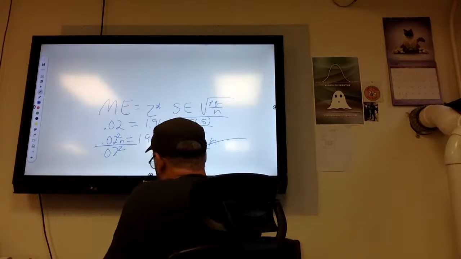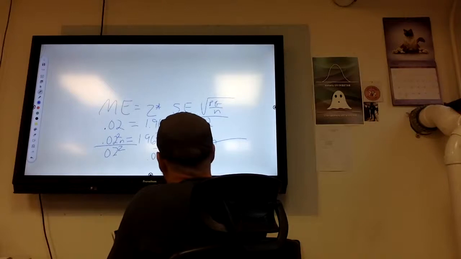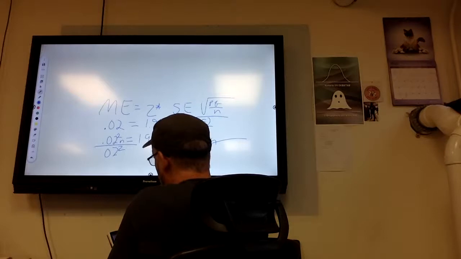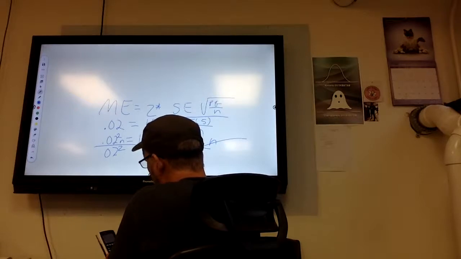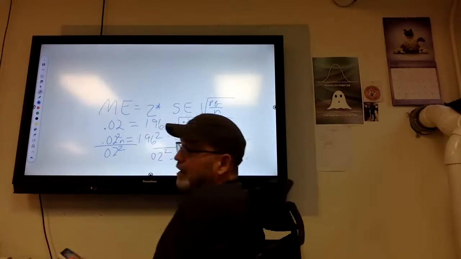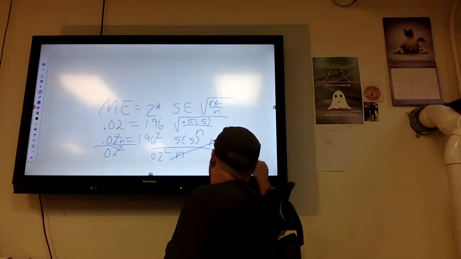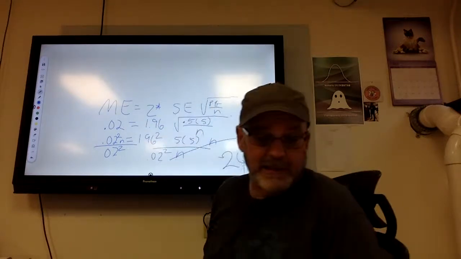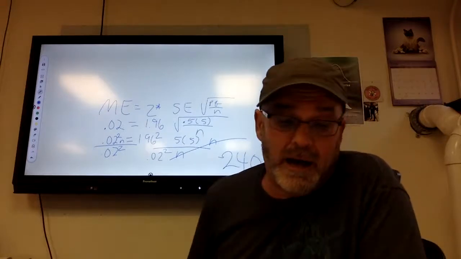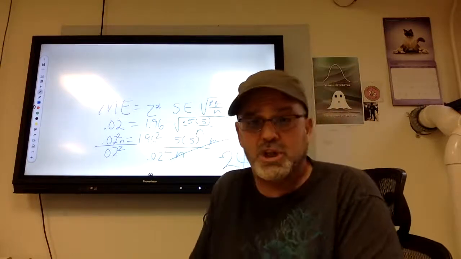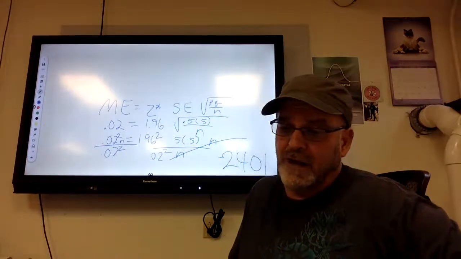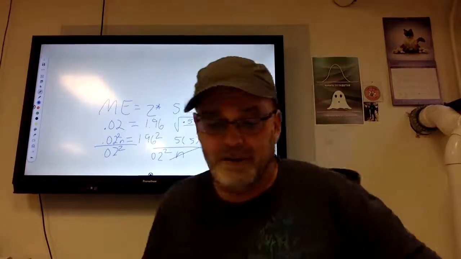We multiply 1.96 squared times 0.5 times 0.5, divided by 0.02 squared, and we get 2,401. So I've got to at least have that. So I've got to go up to 2,500, which is the right answer, 2,500 for number 26.